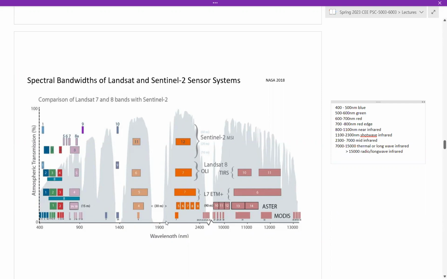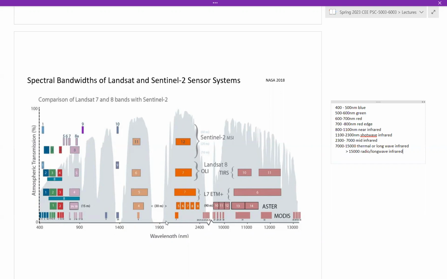Landsat and Sentinel are more practical applications, while MODIS has been designed for more in-detail studies of the atmosphere and the surface.